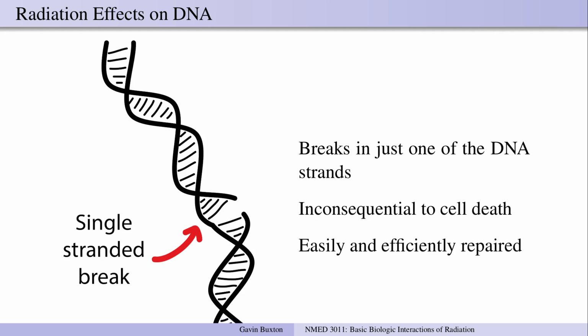Although single strand breaks do occur as a result of irradiation, these are most likely efficiently repaired with little, if any, long-term consequences to the cell. In other words, they are repaired readily using the opposite strand as the template. There is a possibility that if the repair is incorrect, it can result in a mutation, though.